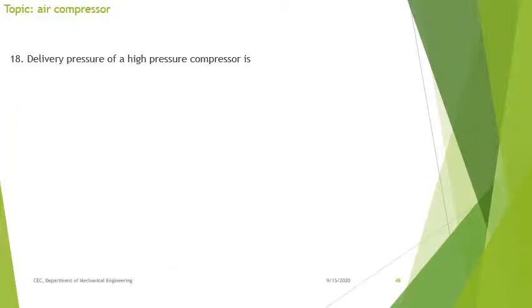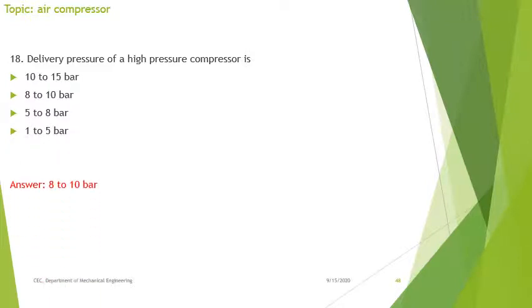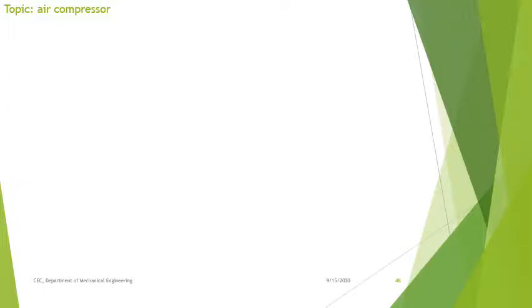Delivery pressure of a high pressure compressor is 10 to 15 bar, 8 to 10 bar, 5 to 8 bar, or 1 to 5 bar. Answer is 8 to 10 bar.